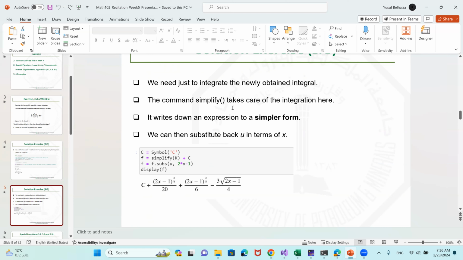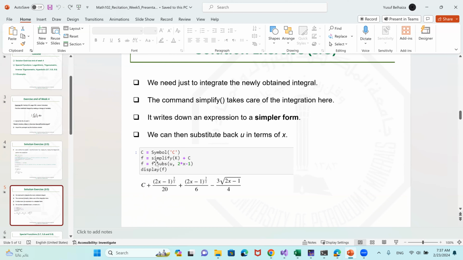The command simplify takes care here of the integration. In fact, what does it do? It writes an expression to a simpler form. And if you want to display back the result of the integration with respect to x, then we can substitute again. So we'll define here C as the constant of integration.